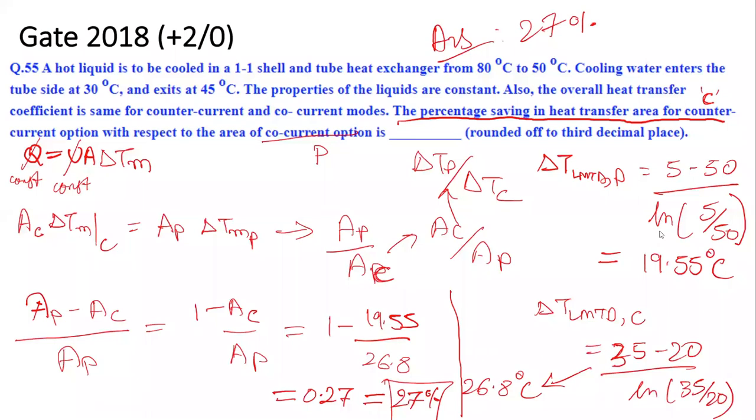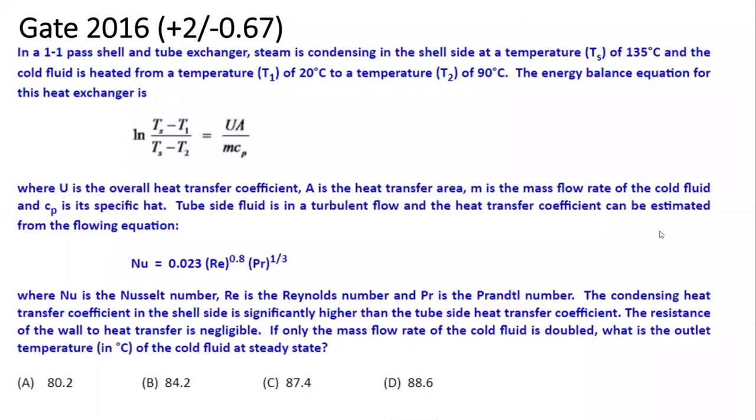Okay, so now we'll move to the next question, which came in the GATE 2016 exam. The question looks lengthy, but it is very interesting. So the question reads as follows: in a 1-1 shell and tube exchanger, steam is condensing in the shell side, and its temperature is given to be 135, and the cold fluid is getting heated from 20 to 90 degrees Celsius.